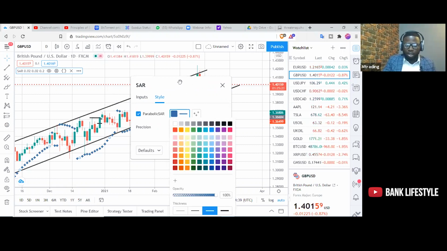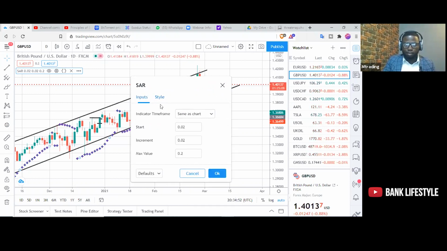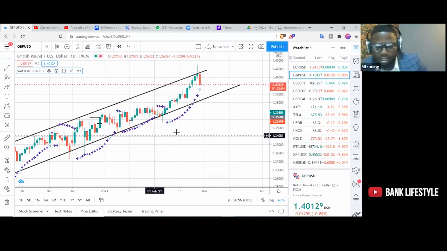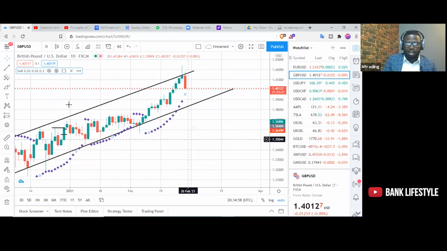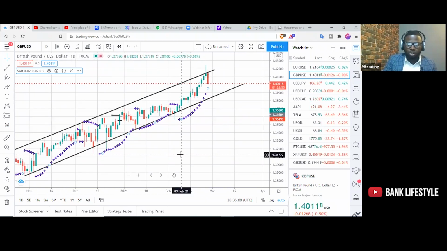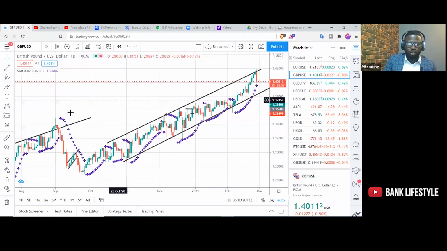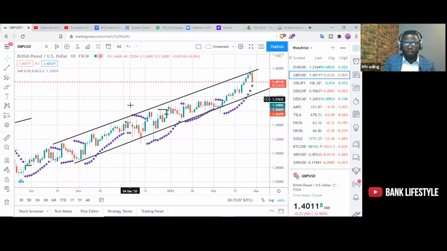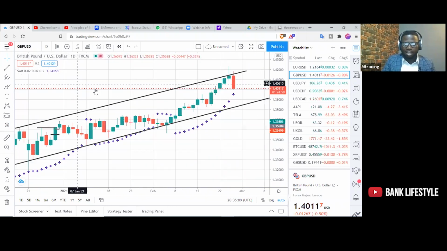We can also change the color to red, yellow, green, but let me just keep the color. The settings are going to be on default, and this is how the parabolic looks. So you see dots on top and at the downside of our chart.